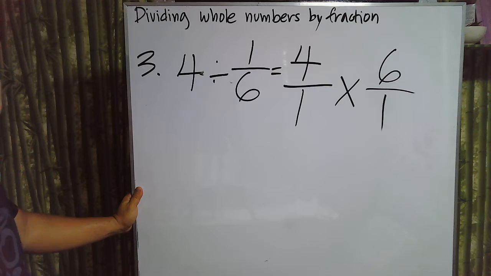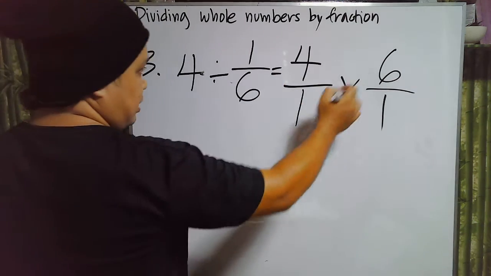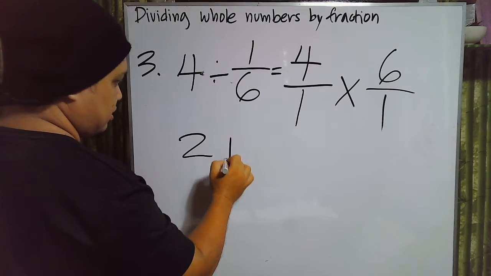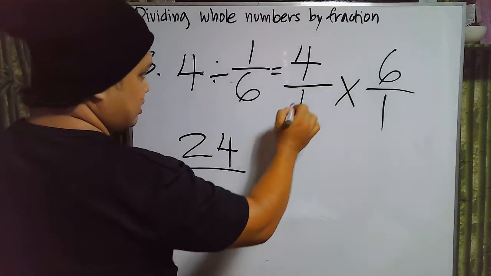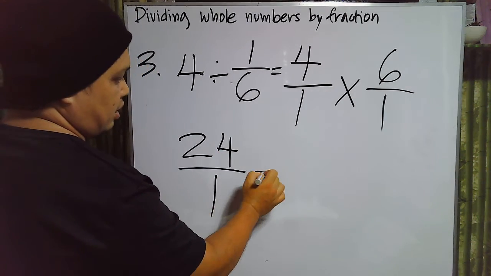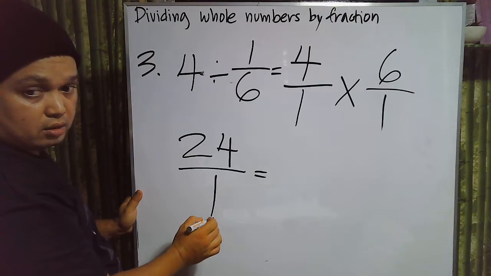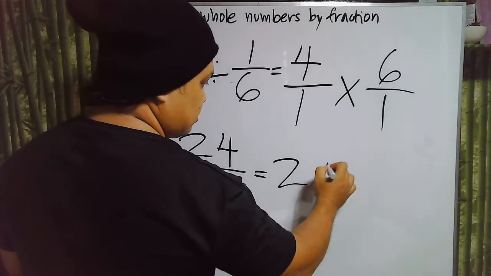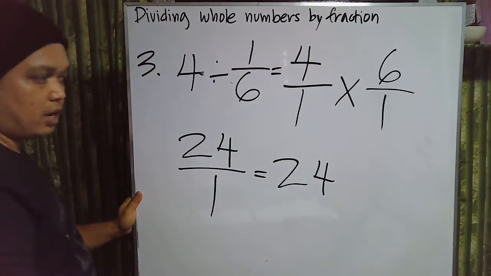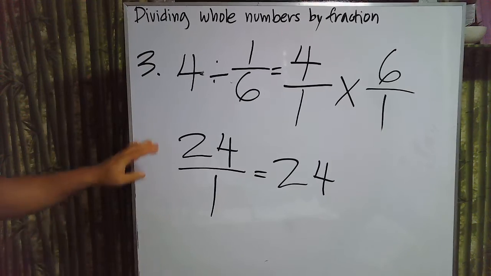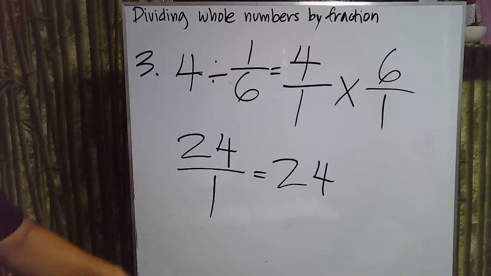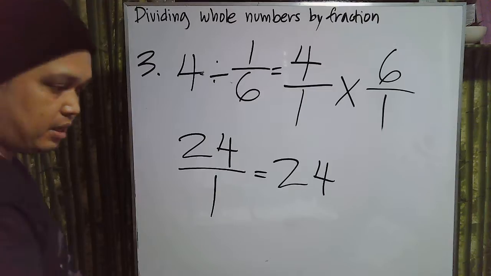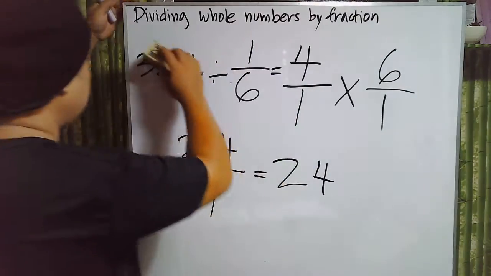So let's multiply. 4 times 6, that's 24, over 1 times 1 is 1, and 24 divided by 1 is 24. So for our final answer, 4 divided by 1/6 is 24. Okay, so let's have example number 4.